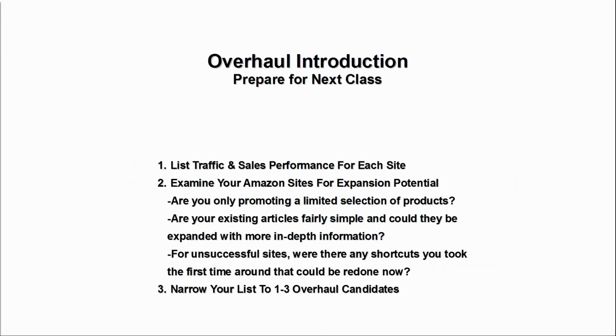Starting next class, we're going to be doing research with these potential overhaul candidates. So you don't have to narrow down a list of your own websites, but it'll certainly help you come next class, so you only have a couple of sites to focus on instead of potentially many more than that.